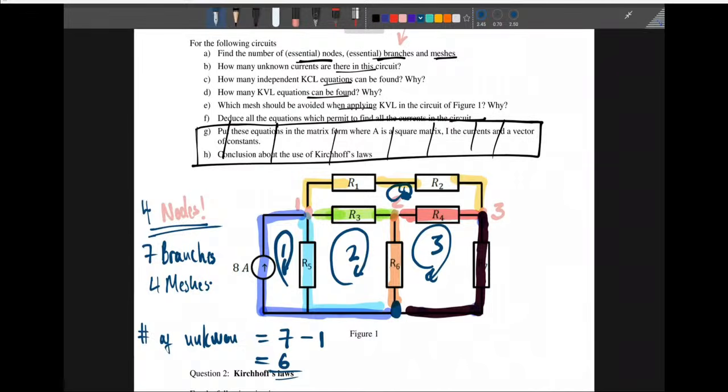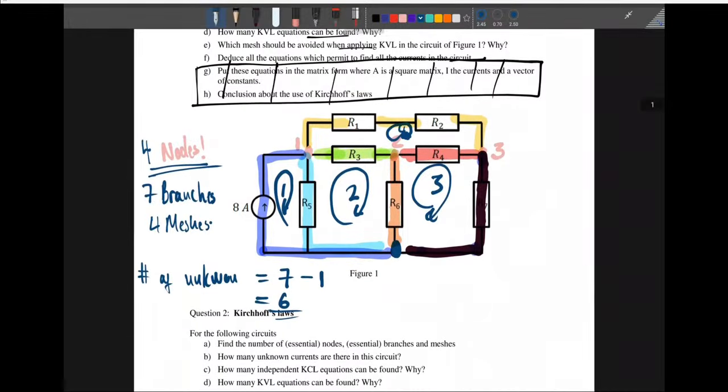How many independent KCL equations can you find? How many independent KCL equations are you going to find? Well, if I'm doing independent KCL equations, remember for unknown currents, it's just going to be the number of currents in each of these branches.